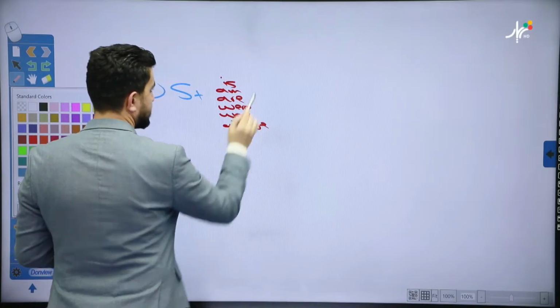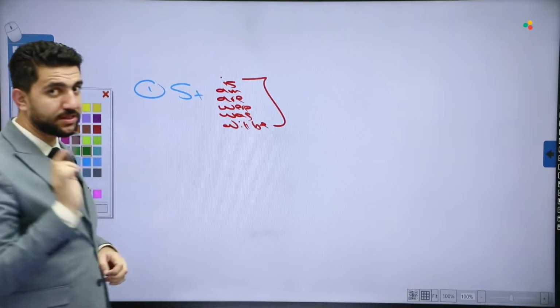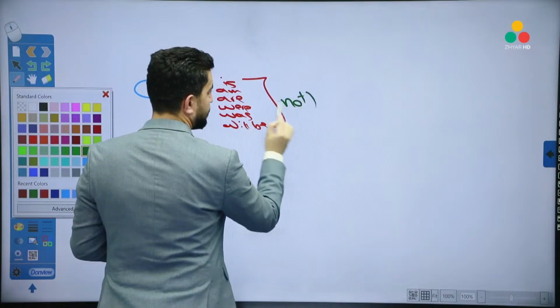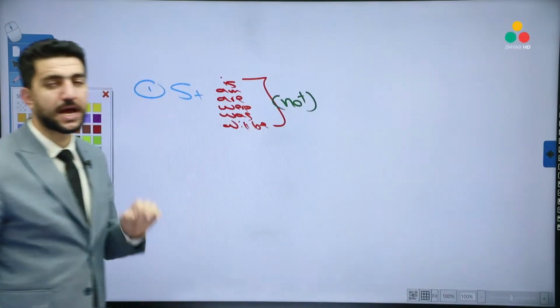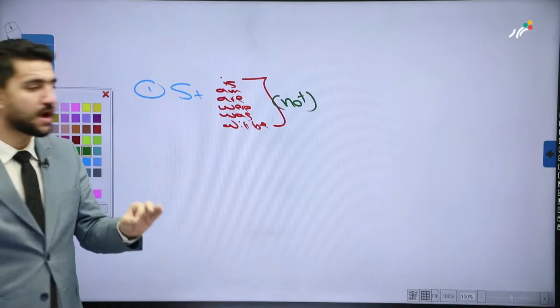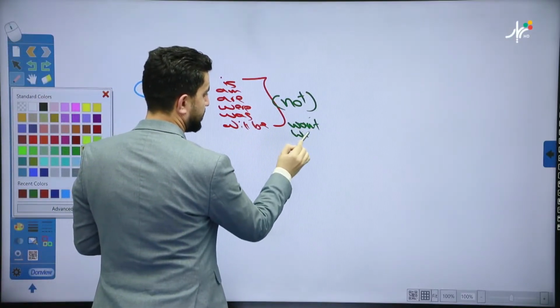We have these, right? We said the same rule applies for enough, but one thing is different. Since it is enough, we need not. Don't forget: isn't, I am not, aren't, weren't, wasn't, will not, or won't. You can say won't, you can say will not.